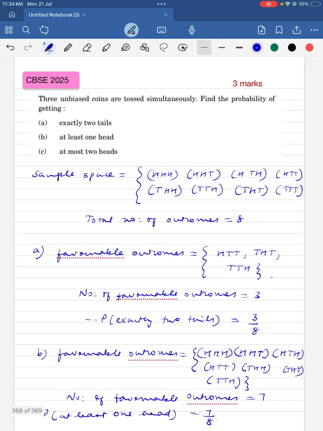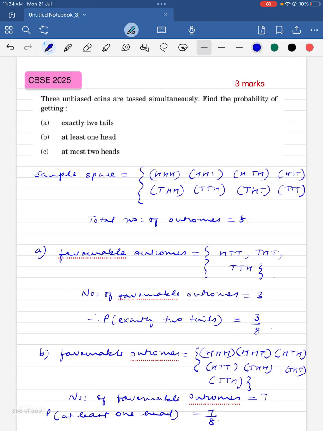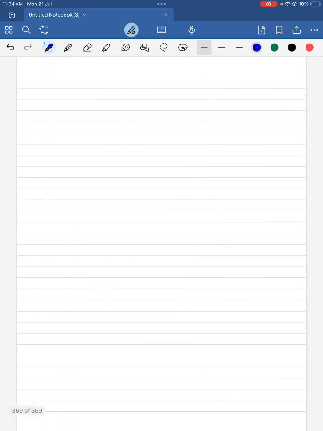Now in the third part, they're asking you to find the probability of getting at most 2 heads. Okay, so in this case, the favorable outcomes will be at most 2 heads. Now what does at most 2 heads mean? You can have less than 2 heads, but not more than 2 heads. Okay, so 2 is the maximum that you can have. So that is going to be HHT, HTH, HTT, THH, THT, TTH, and TTT.